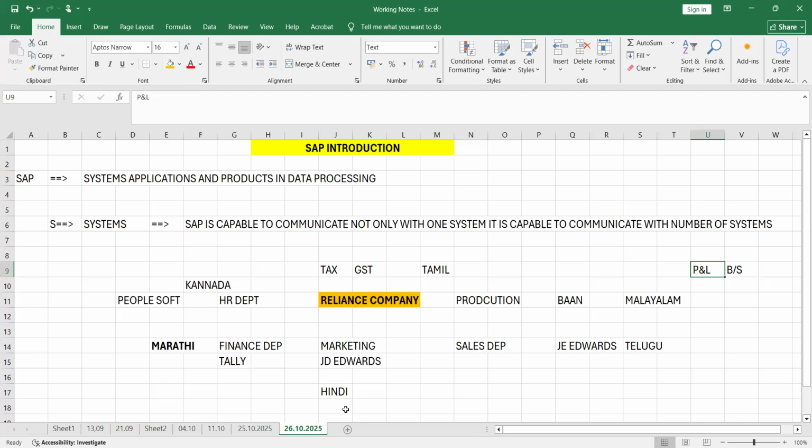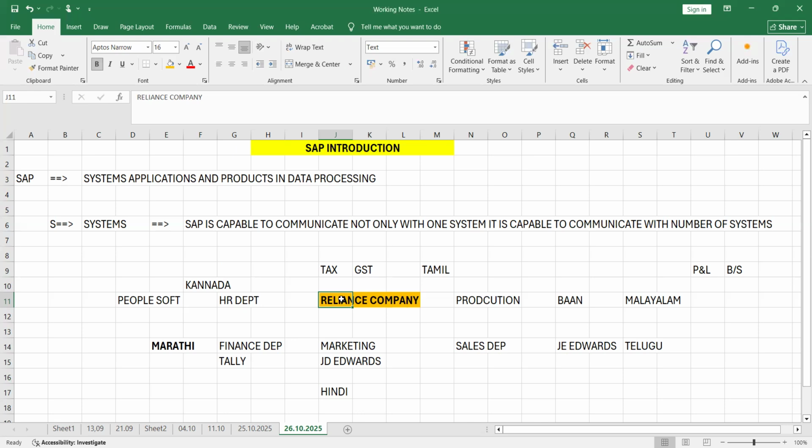So at this point they want one common software, a common ERP, enterprise resource planning. What do you mean by ERP? ERP is the software which is consolidated, used by all the departments, and which can give you an end-to-end solution. That is called an ERP, enterprise resource planning.